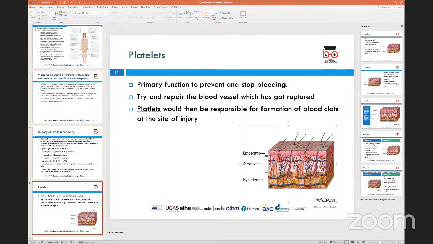This process of sealing essentially would be forming the clot first. Now, once the clot is formed, the second process which starts with the platelets is called thrombosis.